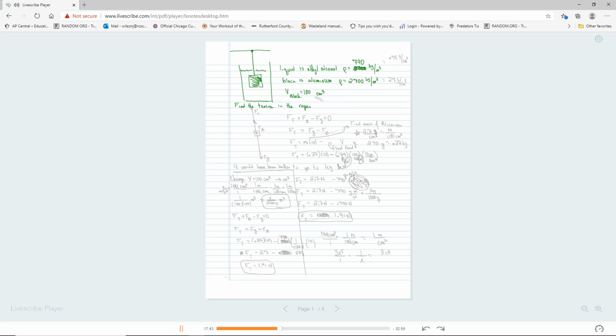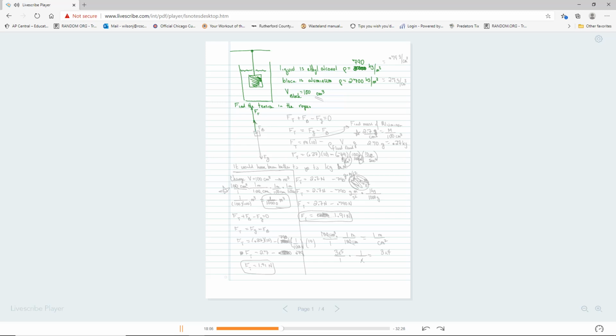So we have gravity pulling us down. We have a buoyant force pushing us up, but the buoyant force would not have won in this situation. The buoyant force would have lost, so we know the buoyant force is small, but it's upward. And there's also a tension force upward. So our free body diagram is going to look like this.